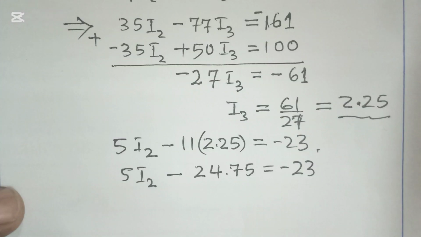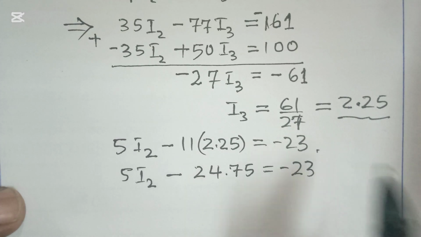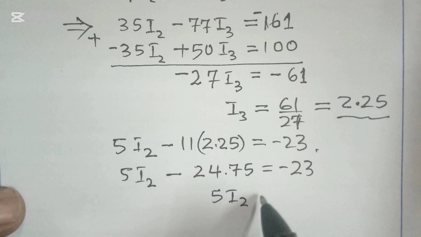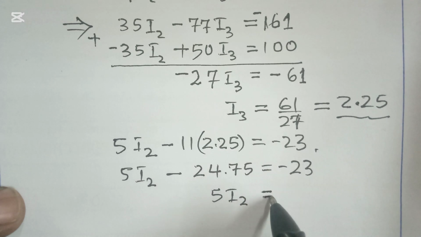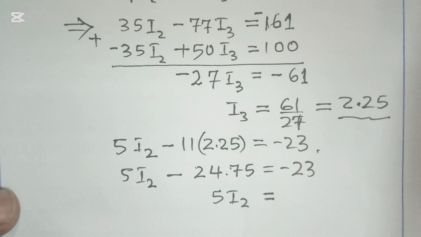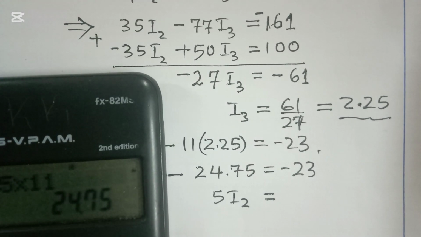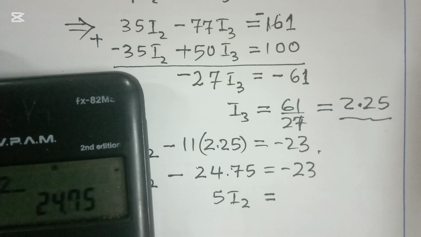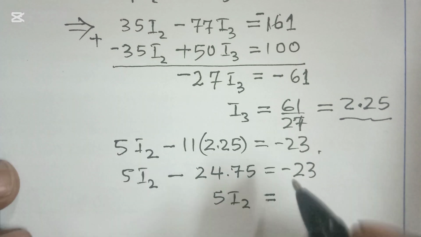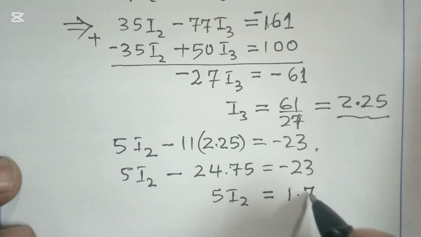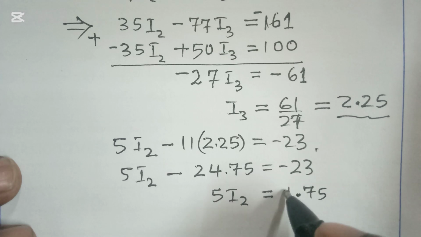So guys, we can now take this side. So we are left with 5I2 will be equal to now 24.75 minus 23. So this gives us 1.75 like that.